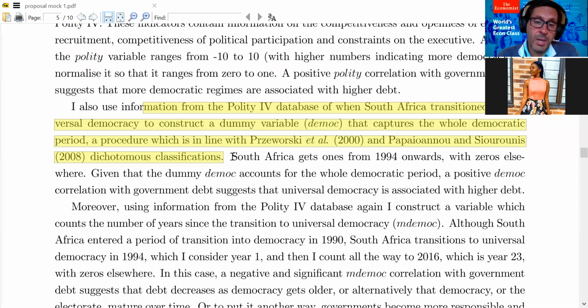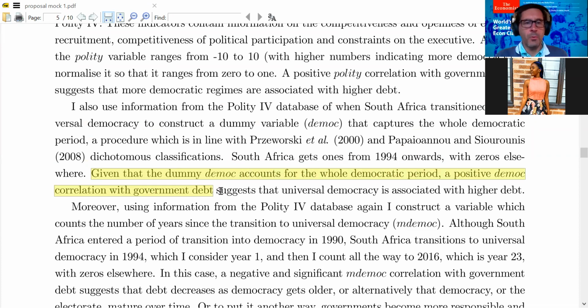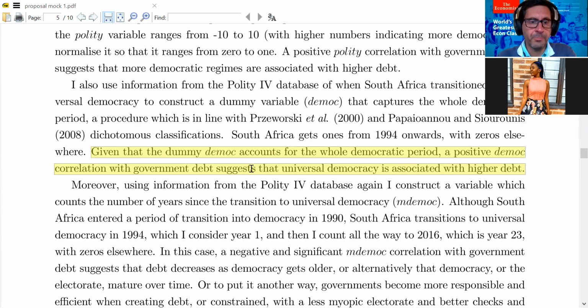So South Africa became a democracy in 94, so it gets 1 from 94 onwards. That's how dummies work. Given that the dummy DMOC accounts for the whole democratic period, a positive DMOC correlation with government debt suggests that universal democracy is associated with higher debt. Okay. Again, I am giving you the prediction coming from the literature review.